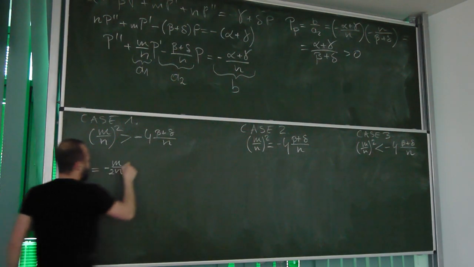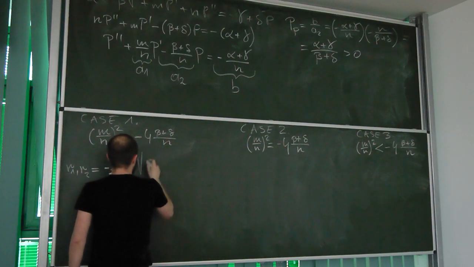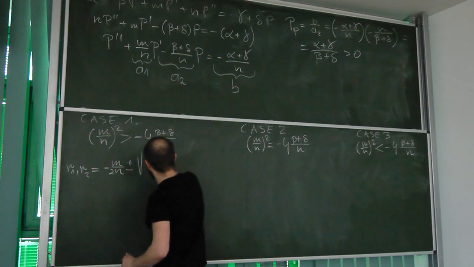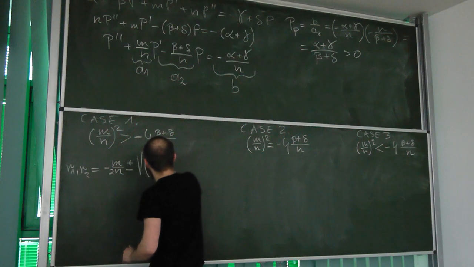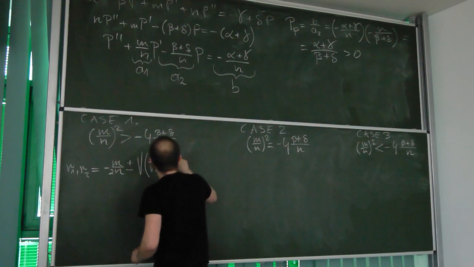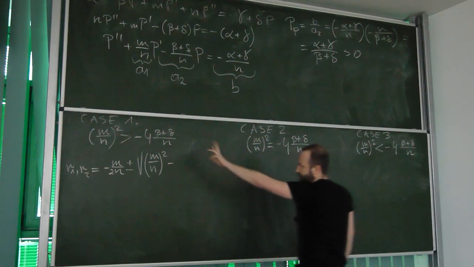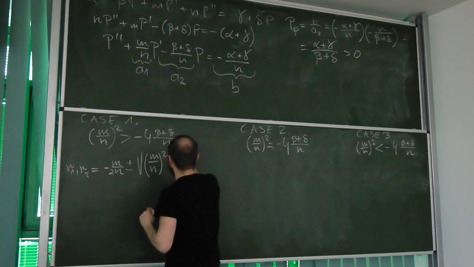And then we will have plus minus the square root of m over n squared minus 4 a2, but we have minus up front already, so plus.